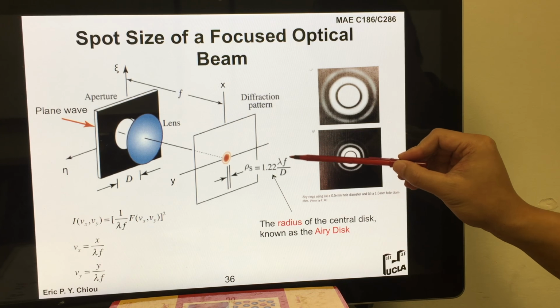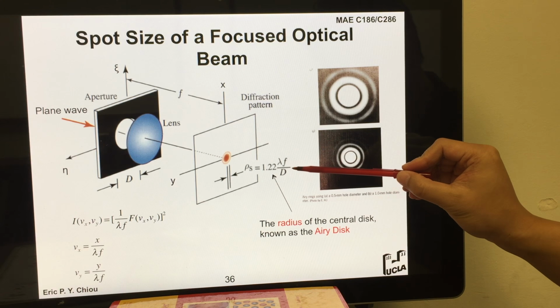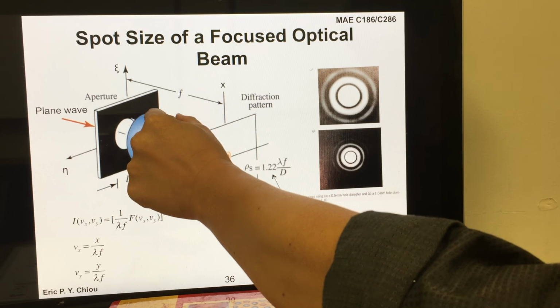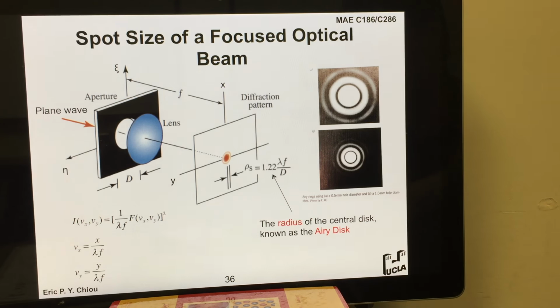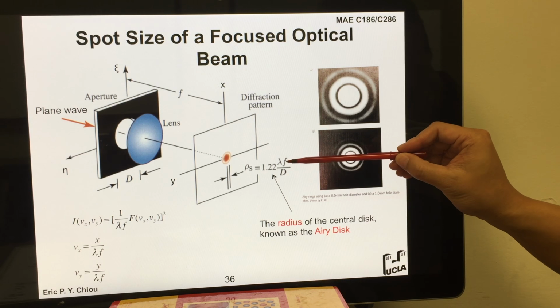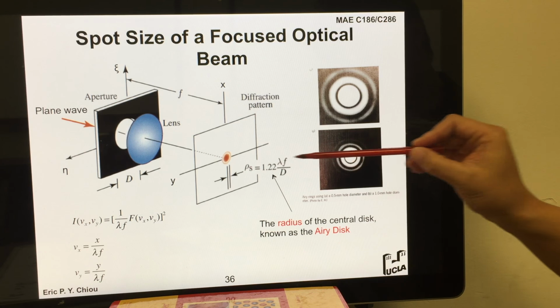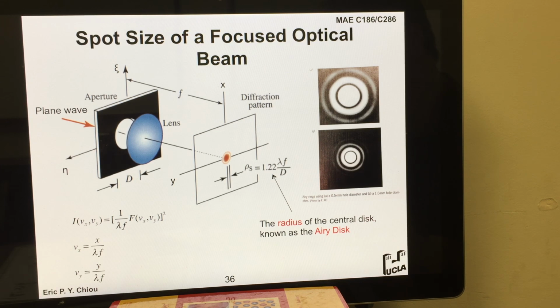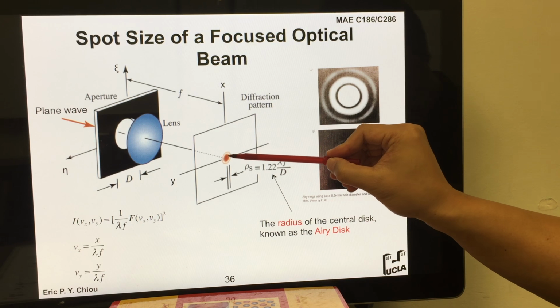The higher the numerical aperture, the larger the aperture and the shorter the focal length. That means the spot size will be small. That's why high NA optics can give you a smaller spot size.